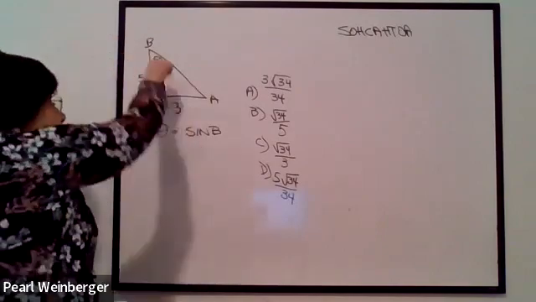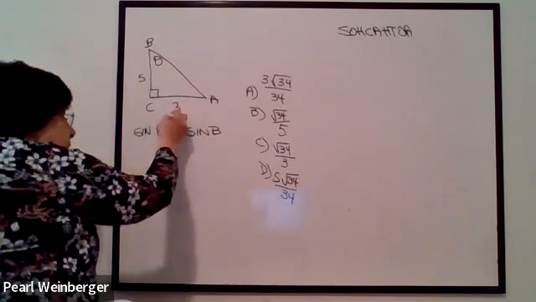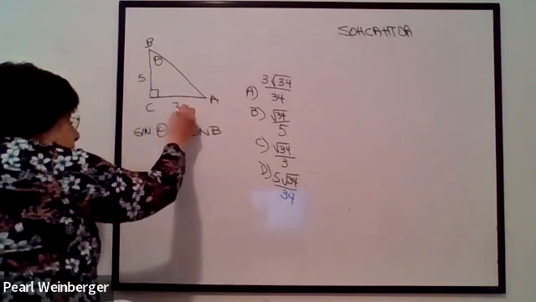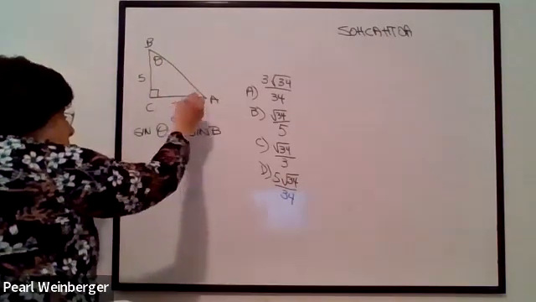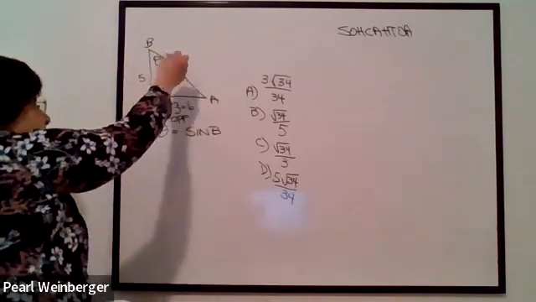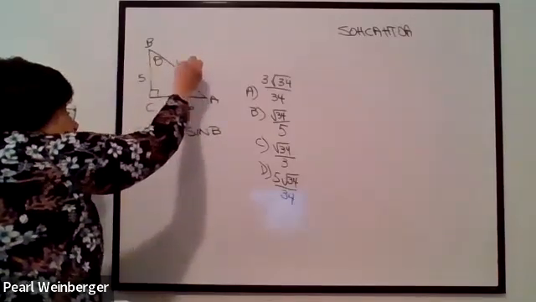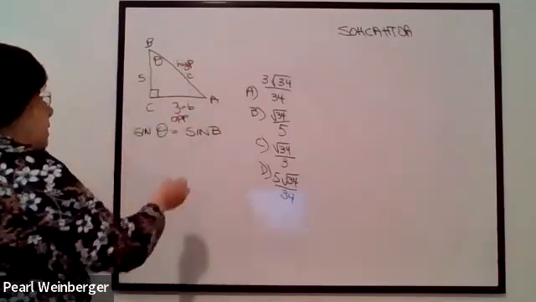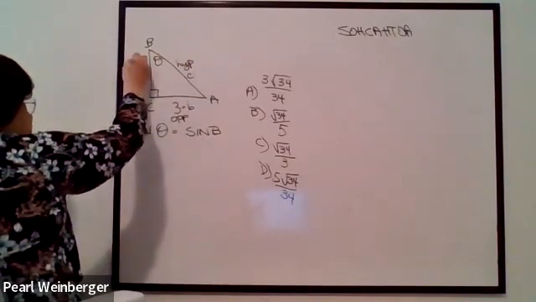Now they want the sine of theta, which is over here. So this is my opposite side, which is my B. This is my hypotenuse, which is my C. And the third side is the adjacent side.